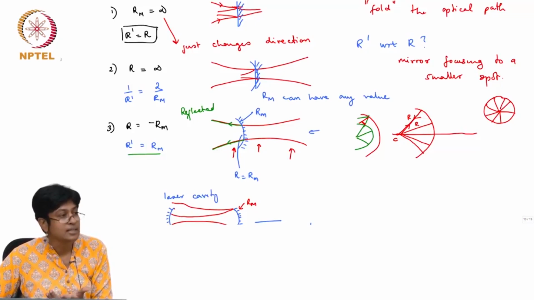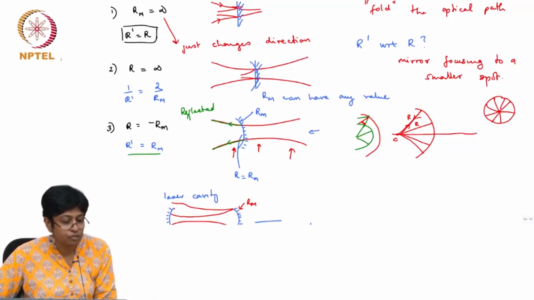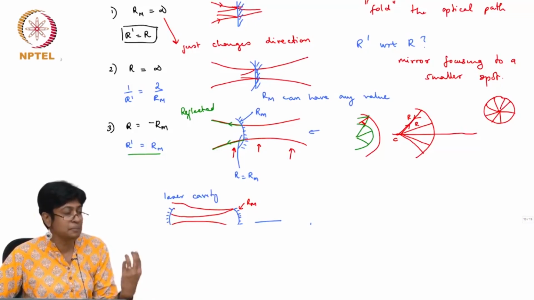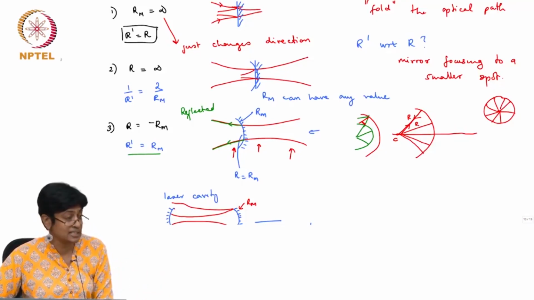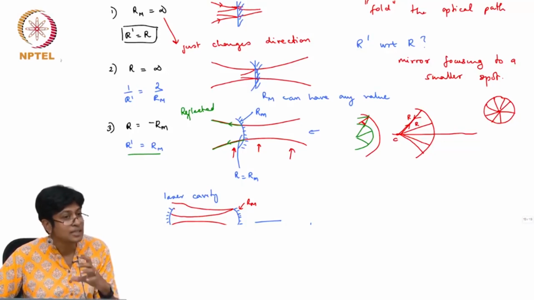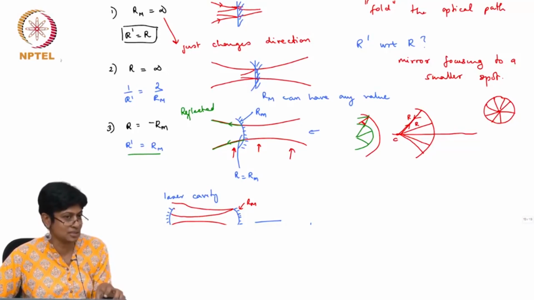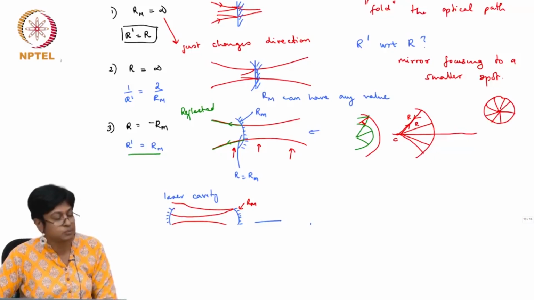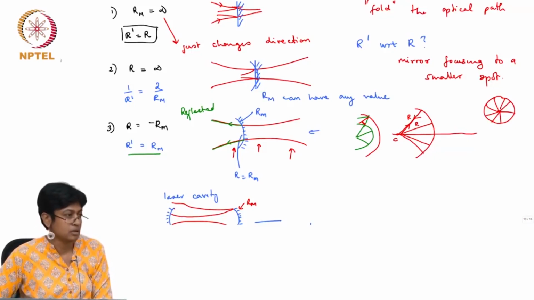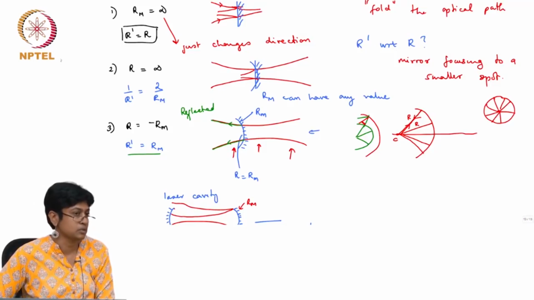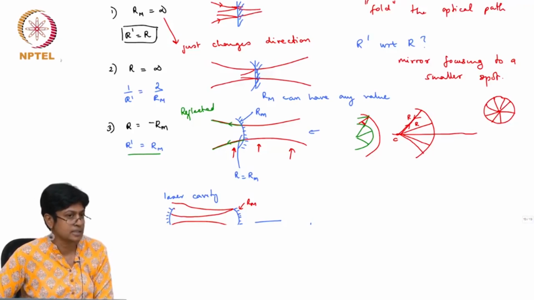And you can see that in different applications, in one application I may need to focus the beam to a tighter spot. In an application like a laser cavity, I want to ensure that the beam retraces its path, and then I would choose the location of the mirror with respect to the beam's radius of curvature such that their radii of curvature are equal.